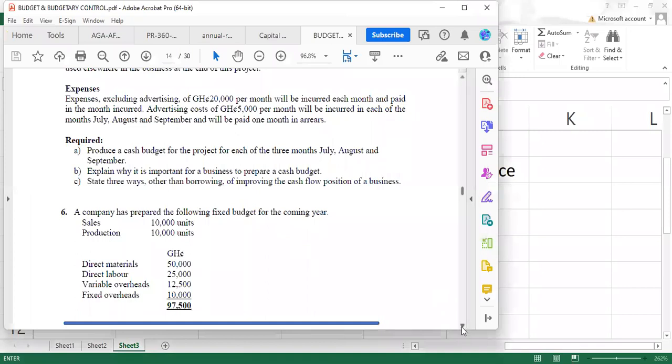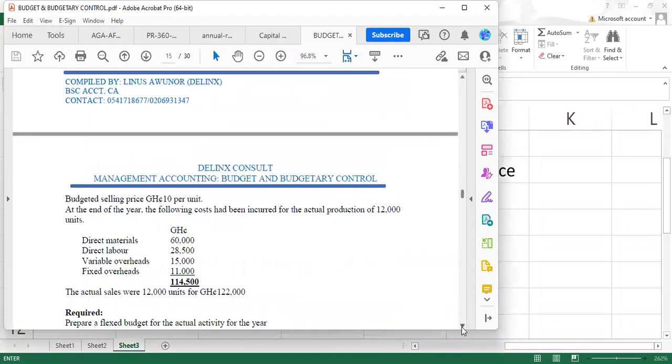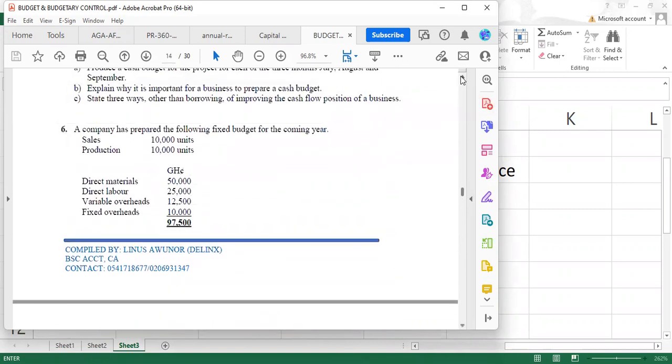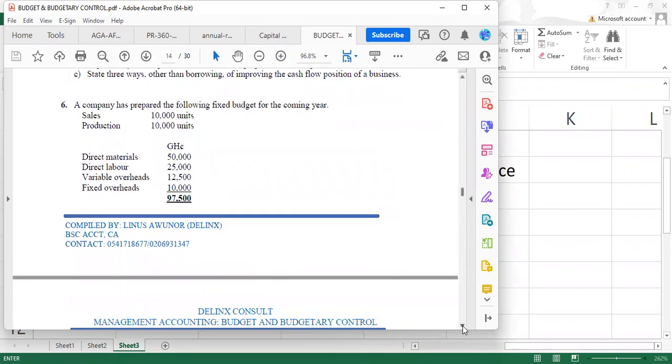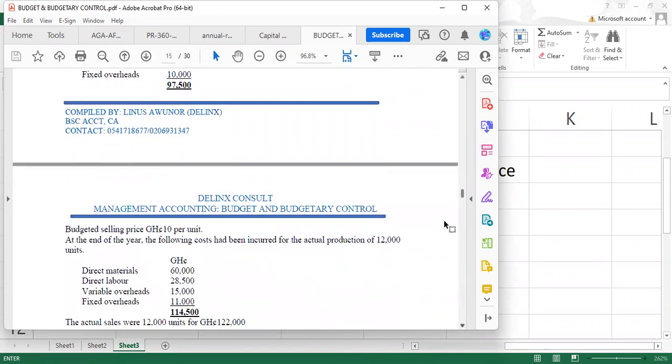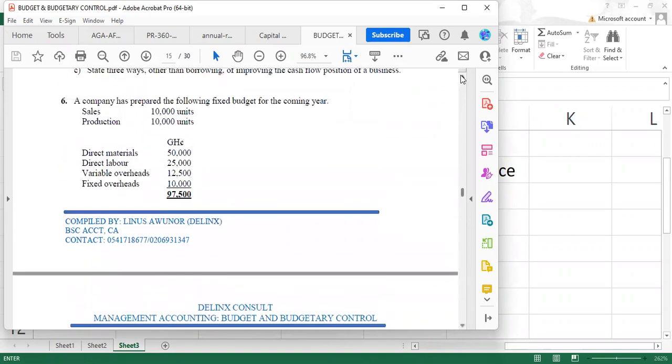Okay, so let's pick a question. Let's pick question 6. Let's move on. Let's pick question 6. Who is reading?